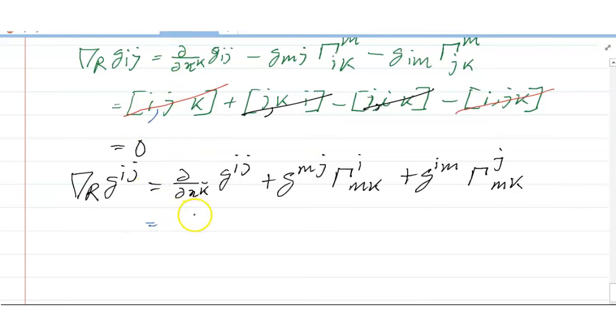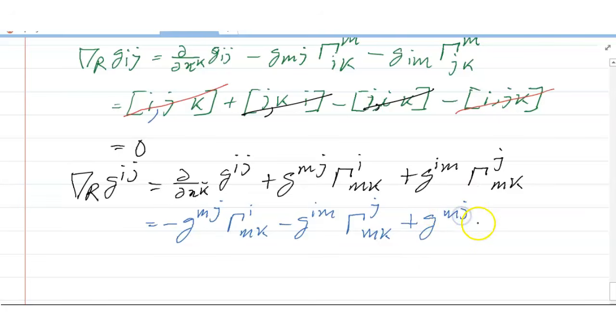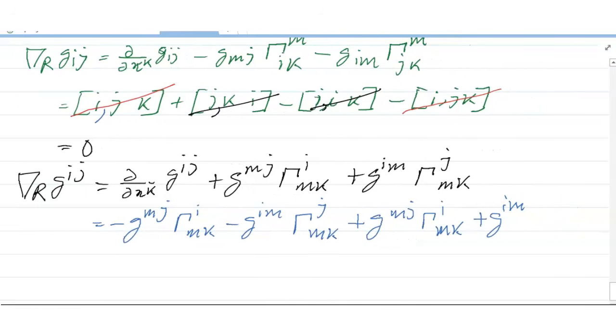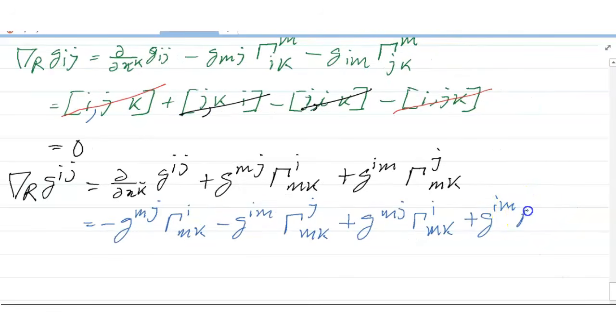And it equals minus g^{mj} gamma^i_{mk} minus g^{im} gamma^j_{mk} plus g^{mj} gamma^i_{mk} plus g^{im} gamma^j_{mk}.